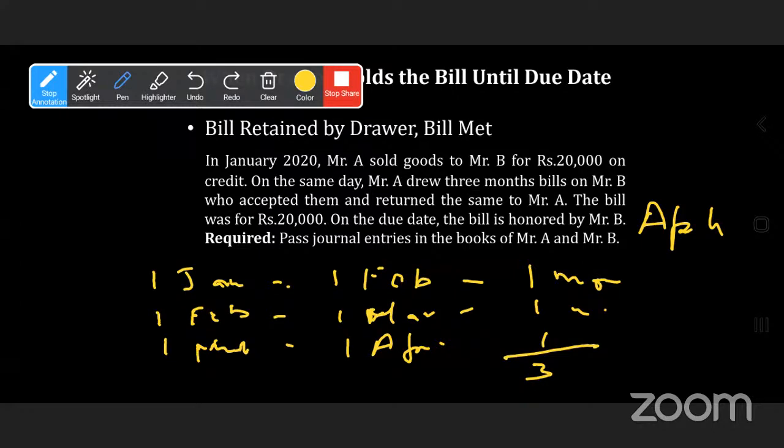April 1st. So you have to add 3 days, as I have already explained in the previous classes. To the due date, you have to add 3 days as grace days. So the maturity date will come on April 4th. Now you have to pass the journal entry on April 4th, that means on the due date.